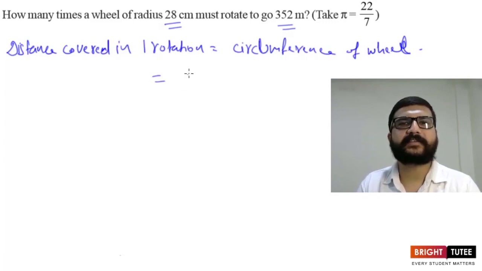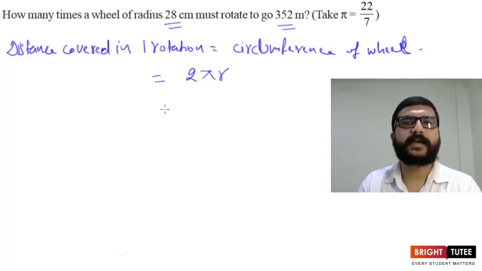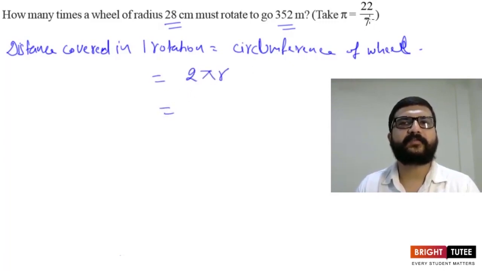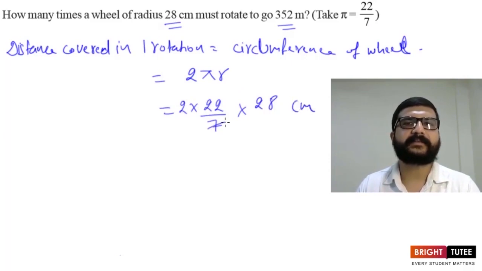Now how do we find the circumference of the wheel? It is 2 pi r, and the value of pi we have to take as 22 upon 7. So it will be 2 into 22 upon 7 into r, and the radius of the wheel is given as 28 centimeters. Now 7 ones are 7, 7 fours are 28.